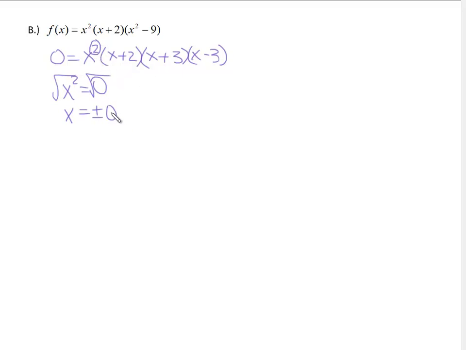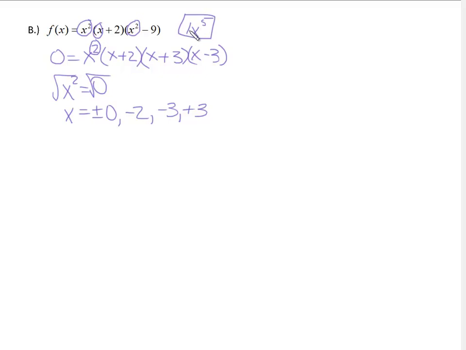So our graph should bounce off the x-axis at 0. We're going to get negative 2 from our next factor, negative 3 from our third factor, and positive 3 from our last one. So all in all, we have 5 zeros. If we were to multiply x squared times x squared, that's 1x to the 5th. So again, it's an odd degree polynomial, so it should be going in opposite directions.